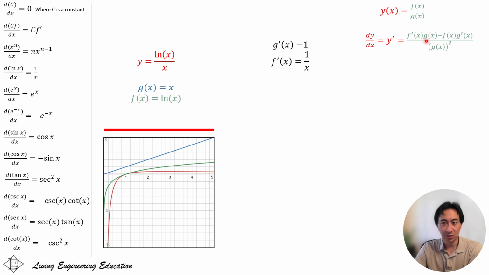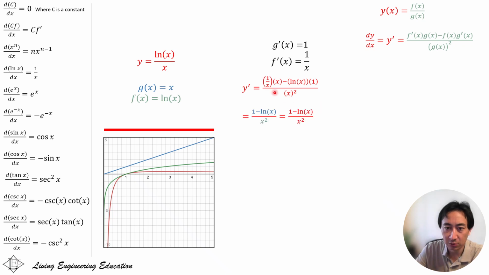So 1 over x times x minus f of x times g prime of x. f of x is natural log x, g prime is 1. And then we divide that by g squared, or x squared. Okay, so that's what we have here. There's f prime, there's my g of x, there's my f of x, there's my g prime, and then there's g of x, quantity squared.